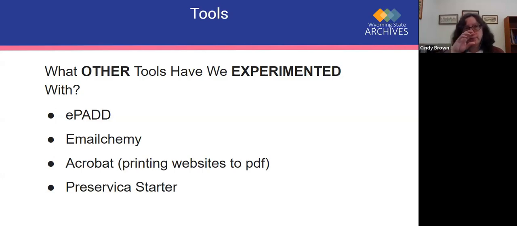It kind of falls into the BitCurator suite because you end up having to partition your drive or have it set up special. I think they have a Windows version, so I'm waiting to see how that goes. And then Emailchemy is one of my favorite tools when it comes to email, because a lot of times you have a bunch of email formats that nobody uses anymore. Emailchemy will convert it to an archival one.